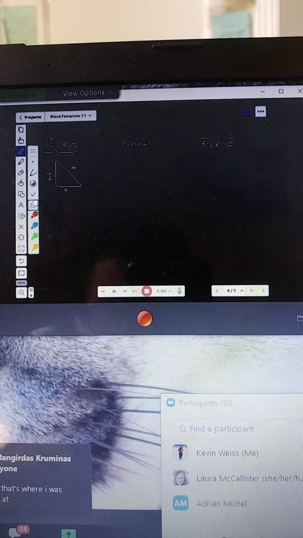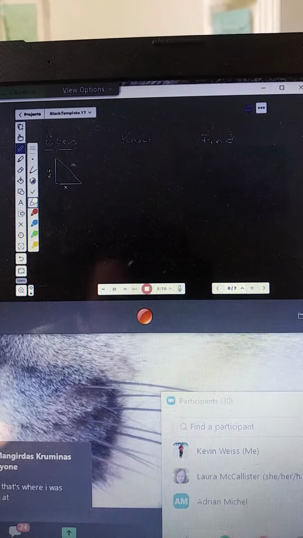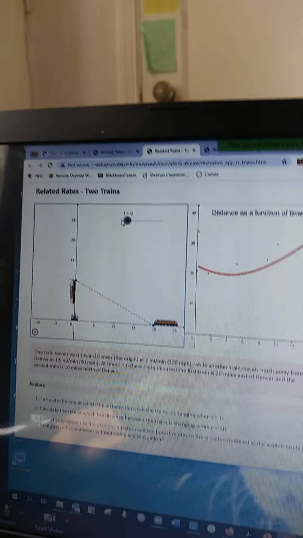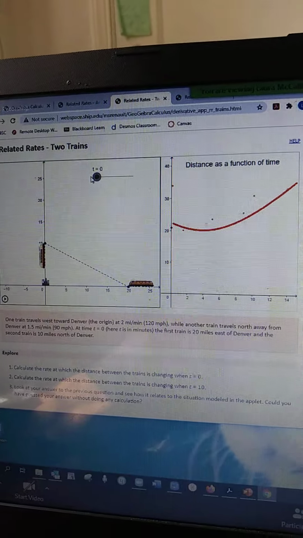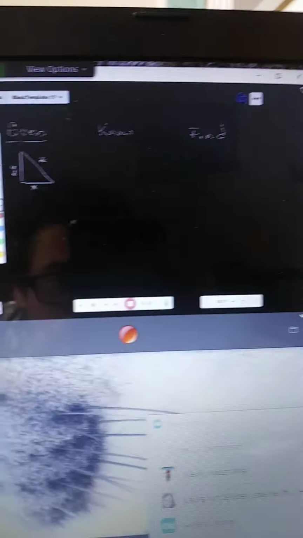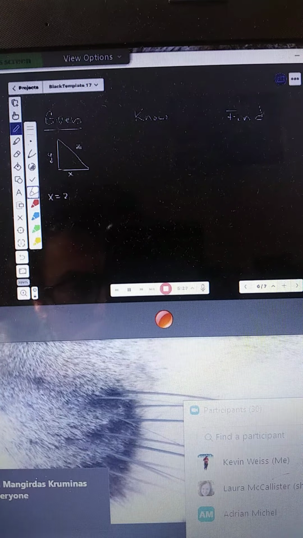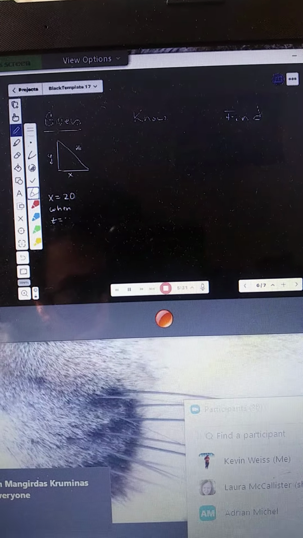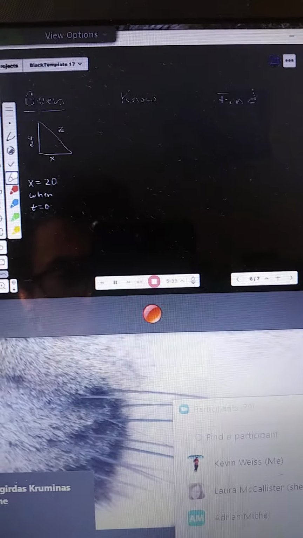So at the static moment in the very, very beginning, if I go back to t is equal to 0, what do I know? What is x? X is equal to 20 when the time is equal to 0, right?